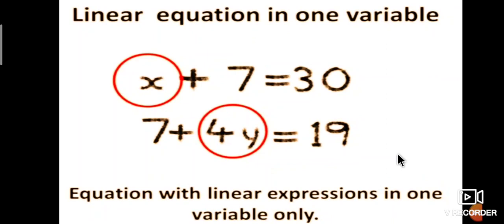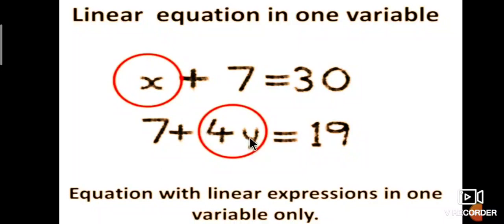Here we consider what a linear equation is. Linear equations in one variable: x plus 7 is equal to 30 is one example, and 7 plus 4y is equal to 19 is another example. Here x and y are called variables. The highest power of the variable is 1.